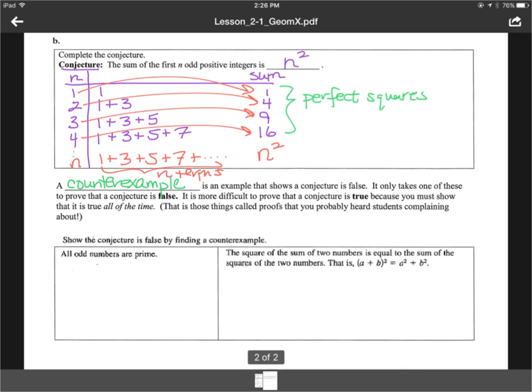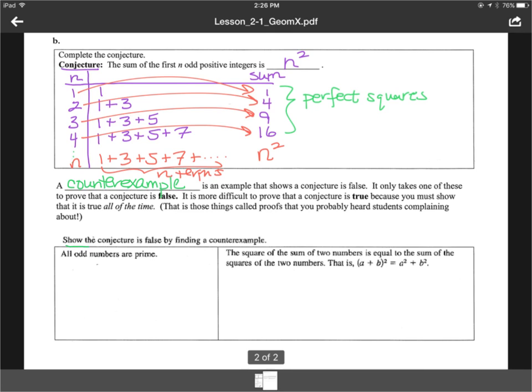False statements are either never true or sometimes true. If there's even one counterexample, a statement is false. The question is whether it is sometimes false or completely always false. But it's kind of easy to prove a conjecture false versus true because false just requires one example to disprove it. So show the conjecture is false by finding a counterexample.